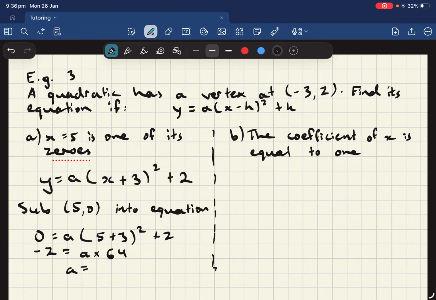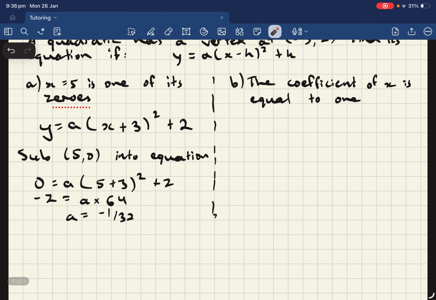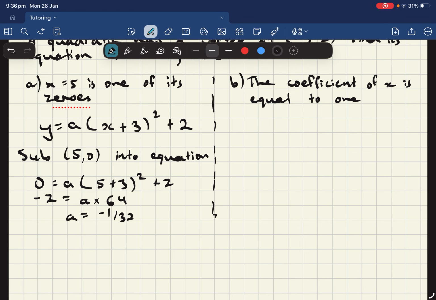So a is going to equal -2 over 64, which simplifies down to -1 over 32. So that is my coefficient a. This is by how much the graph has been dilated. So my final equation for this one, under this condition that x equals 5 is one of its zeros, is y equals -1 over 32 (x plus 3) squared plus 2.